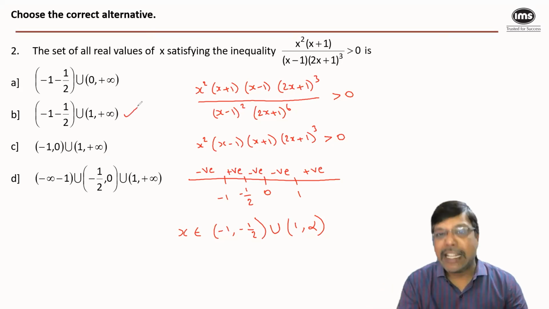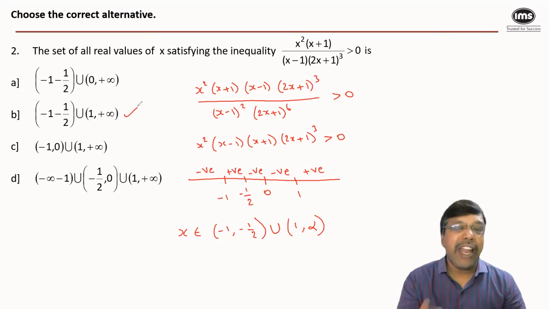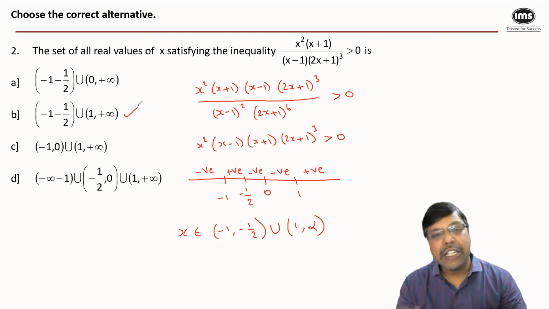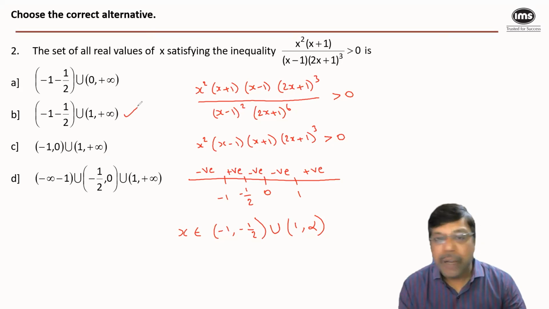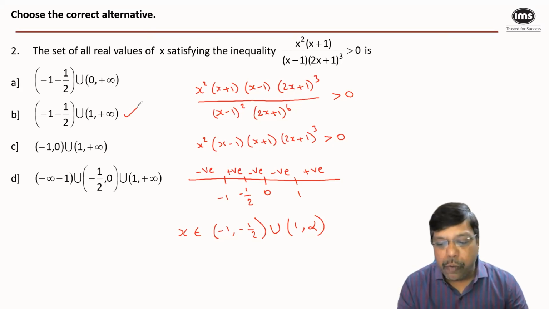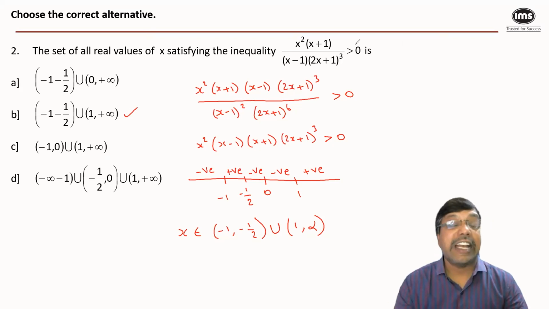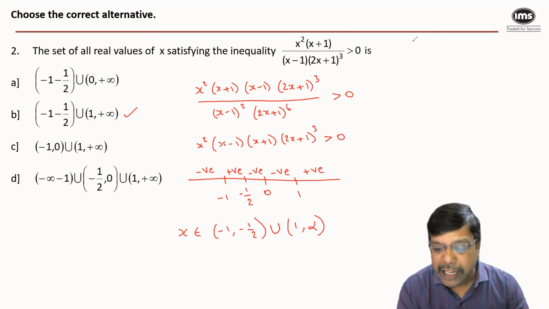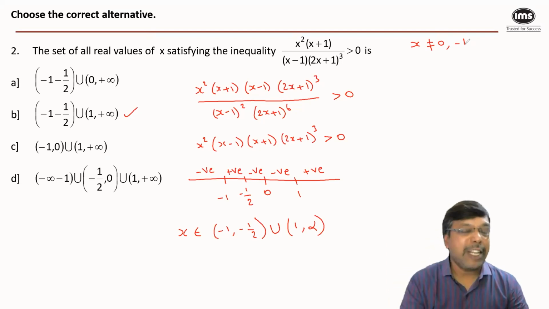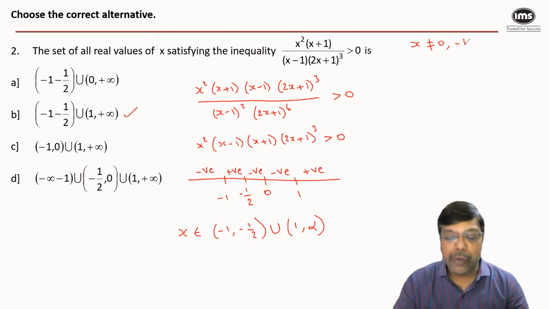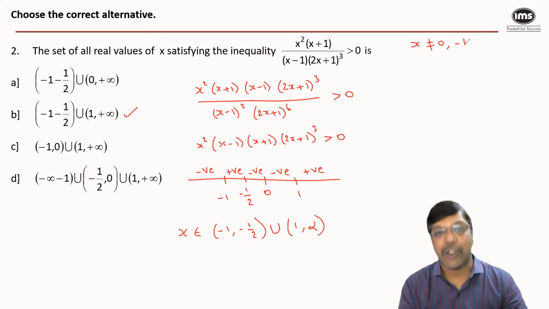If possible, since there are answer options, we can try and figure out the right answer quickly. Now, how is it possible? Let's verify. When I look at the expression, since I want it to be greater than 0, meaning positive, definitely x cannot be equal to 0 and cannot be equal to minus 1, because x equal to 0 and x equal to minus 1 will make the entire expression 0.